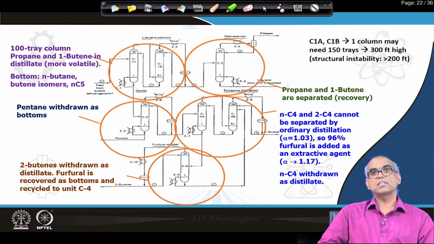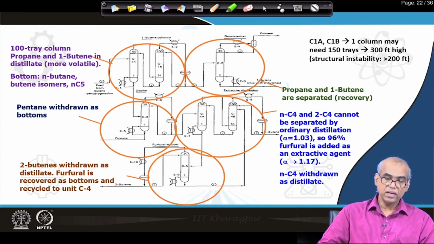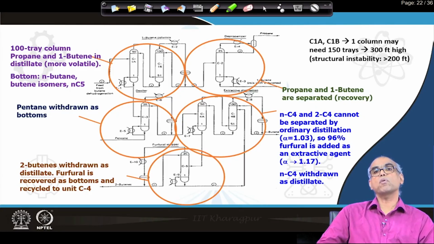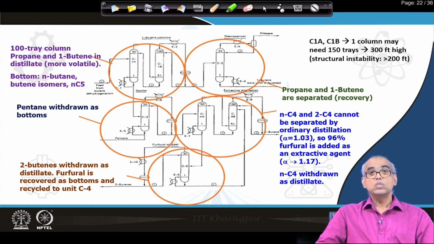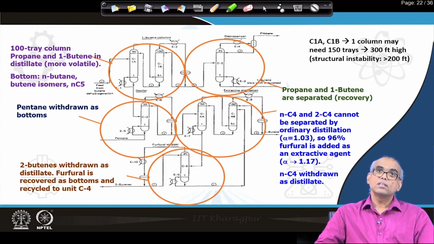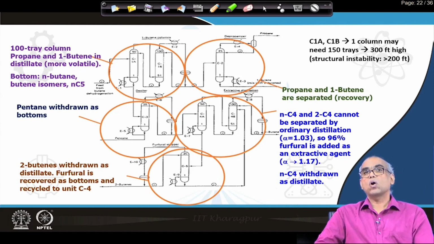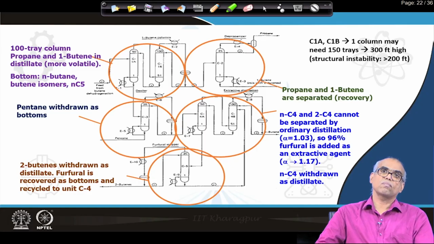So, the 2 butenes, that means cis-2-butene and trans-2-butene isomers, are withdrawn here as distillate, and furfural is recovered as bottom stream from the C5 column, and this furfural is recycled to the previous C4 column where we are performing the extractive distillation. So, look at the complexity of the separations of those 6 component mixtures.